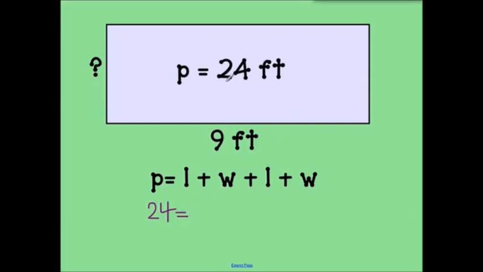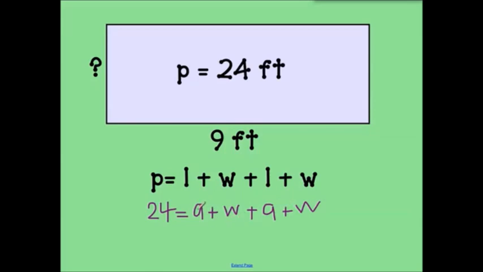So I've got a total perimeter of 24 feet, so I'm going to substitute out my P for 24. And I know that my length is 9, so I'm going to substitute my L's for my 9s. Okay, and when I do that, I've got 24 equals 9 plus some number plus 9 plus some number.